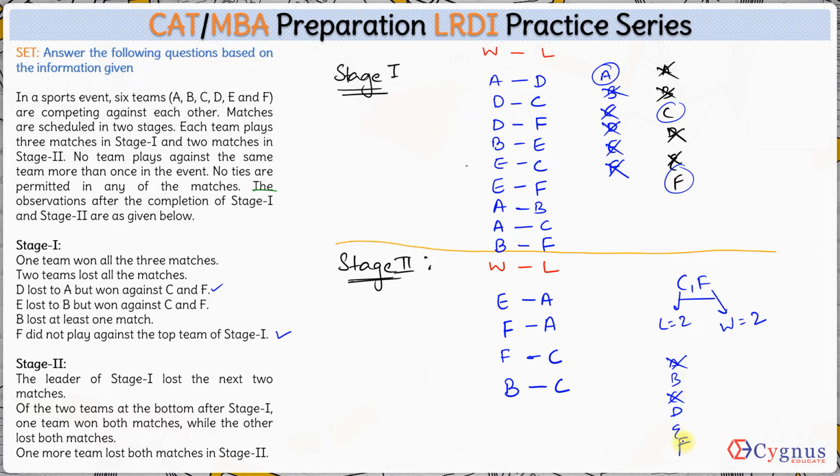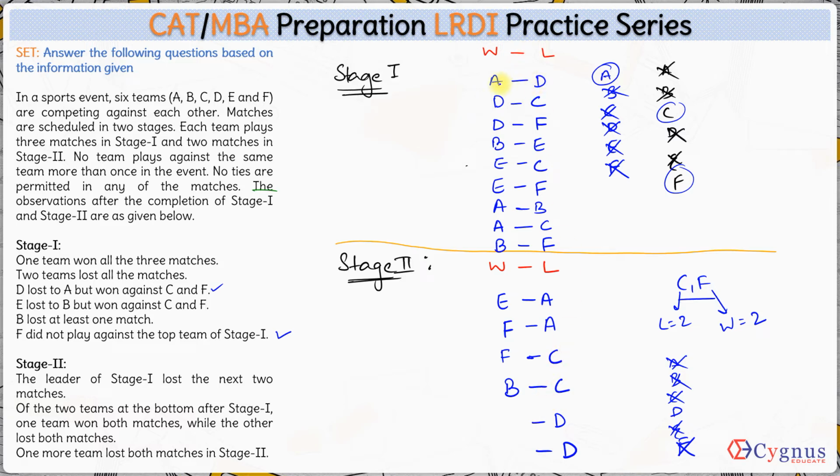Out of B, D, E, F, there is one more team who is going to lose both the matches. Now, B cannot be that team because B has won at least one match. E cannot be that team because E has already won a match, and F cannot be that team because F has already won both the matches in the second stage. That means the only remaining team is D, and D is going to lose both its matches in the second stage.